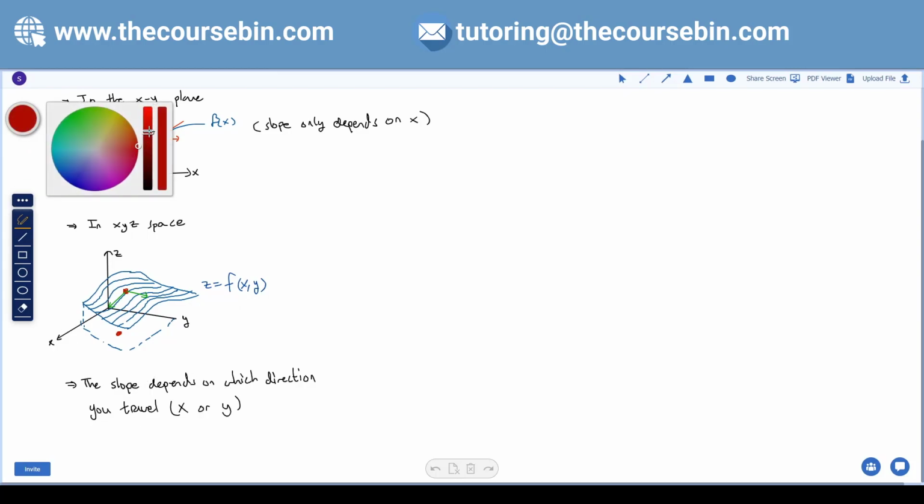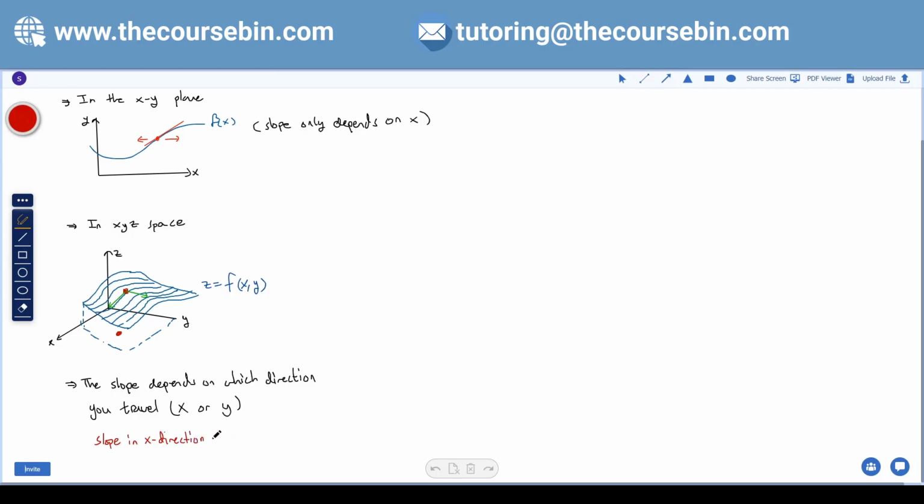So what I'm saying here is that the slope in the x direction is df dx, and the slope in the y direction is df dy.